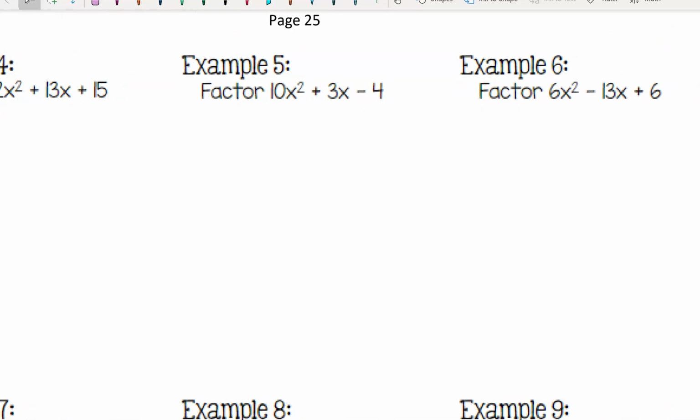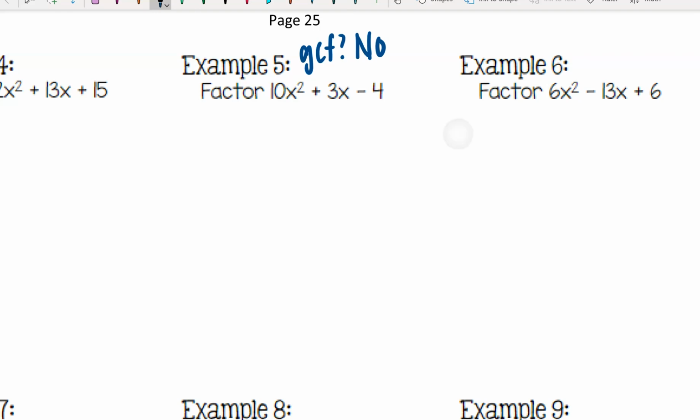Okay, so looking at example 5, again, ask yourself, do I have a GCF? Do 10, 3, and 4 have anything in common? So when you look at 10, 3, and 4, you should say, no, I do not have a GCF because they do not have anything in common.